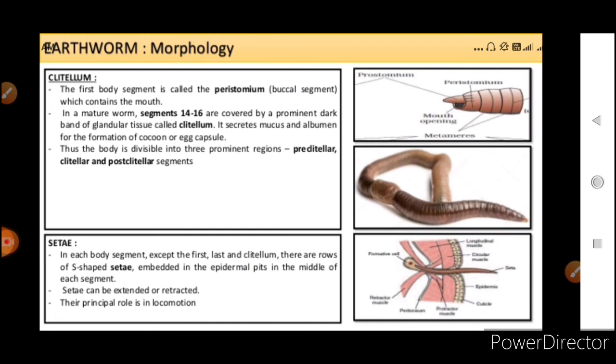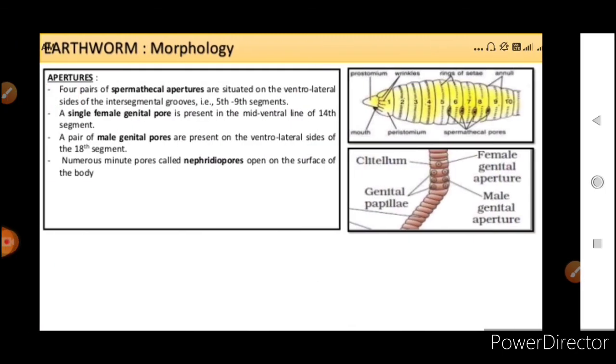Because of the clitellum the body can be divided into 3 parts: preclitellar, clitellar, and postclitellar. We saw apertures: spermathecal apertures, female genital pore, male genital pores, and nephridiopores, which help in excretion. So, the location of these pores.